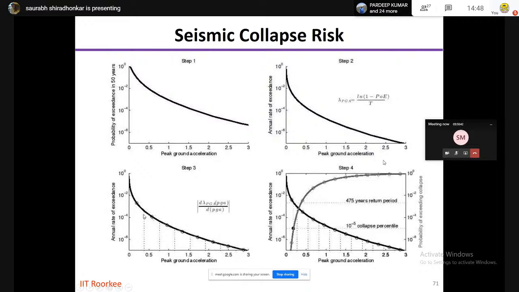And then I take the annual rate corresponding to each peak ground acceleration, which is nothing but the slope of this curve. And I'm considering the fragility function, which gives me the annual rate of exceedance of the collapse against the peak ground motion.